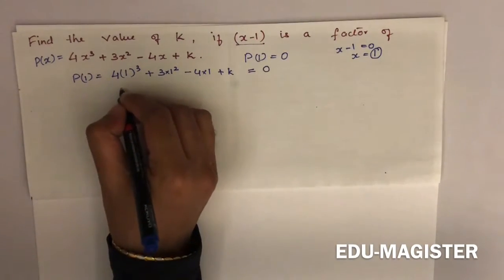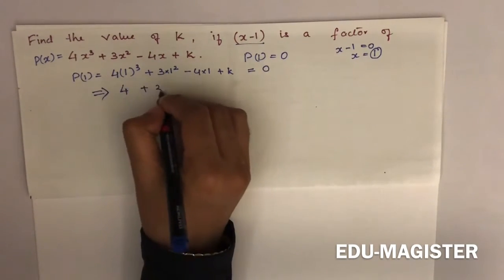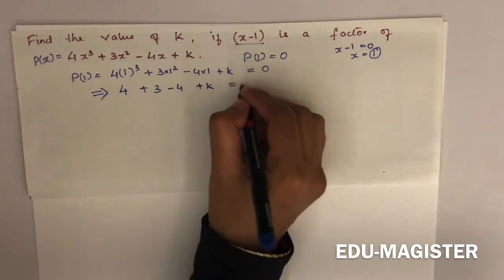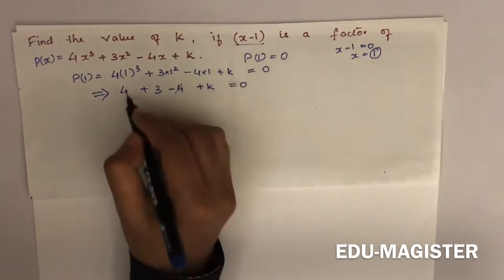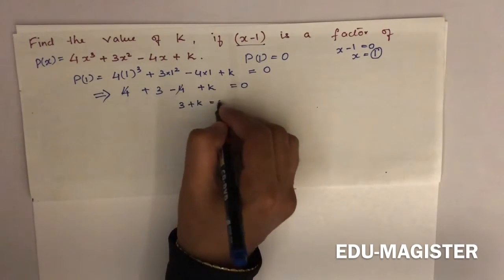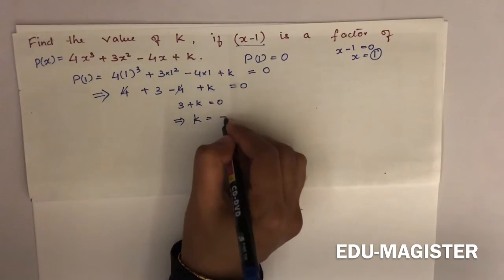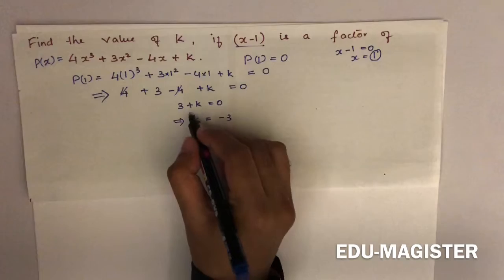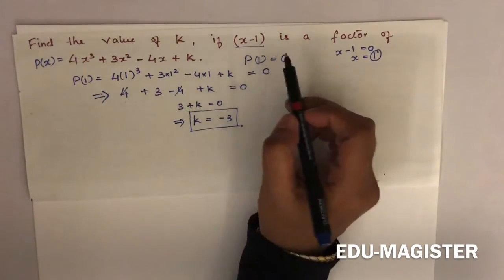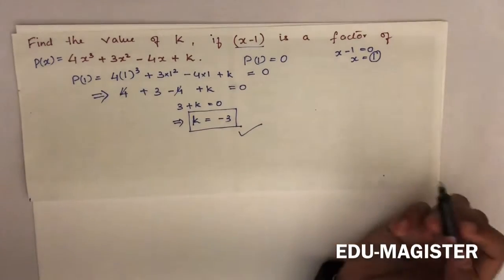Now 4 into 1 cubed is 4, plus 3 minus 4 plus k is equal to 0. 4 gets cancelled and we have 3 plus k is equal to 0, which implies k is equal to minus 3. So the value of k when x minus 1 is a factor of p of x is minus 3.